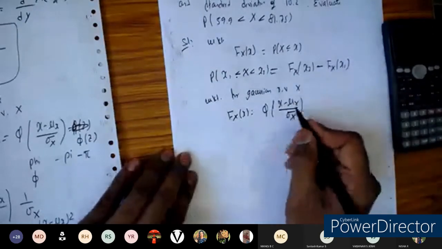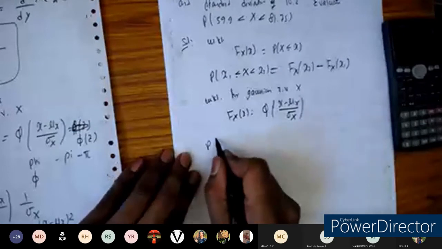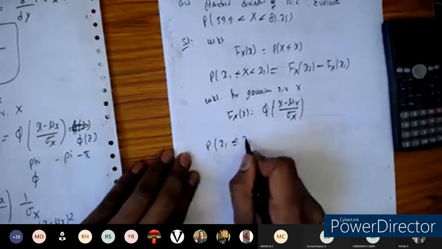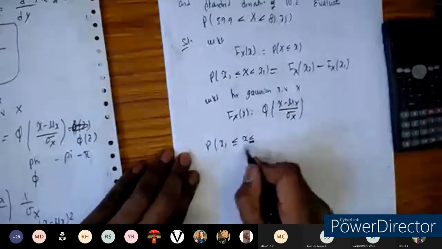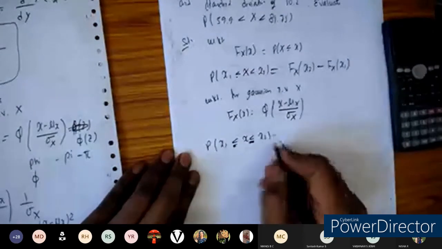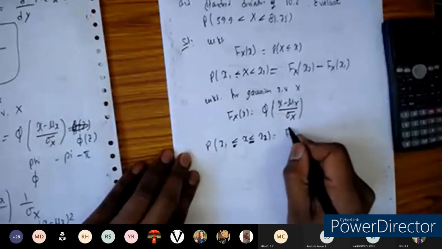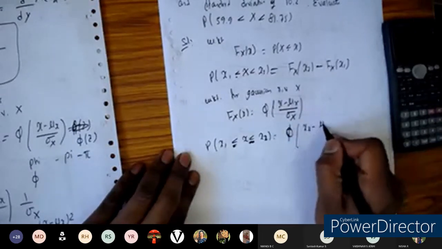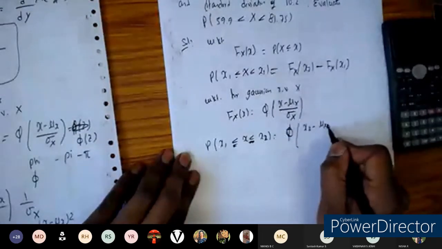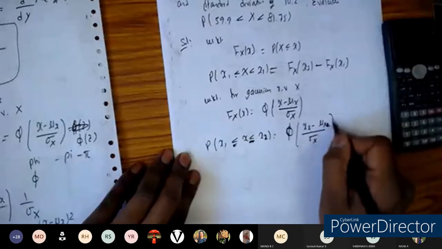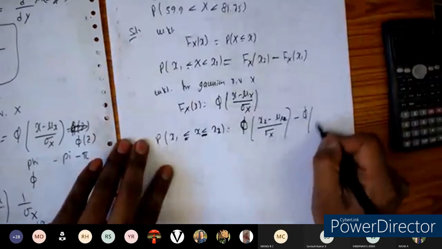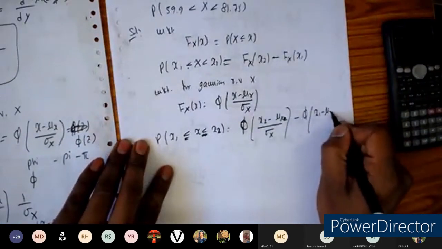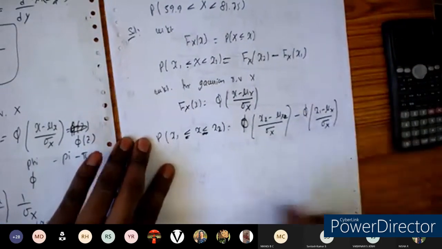So the probability of x1 < X < x2 can be written as Φ((x2 minus μx) divided by σx) minus Φ((x1 minus μx) divided by σx).